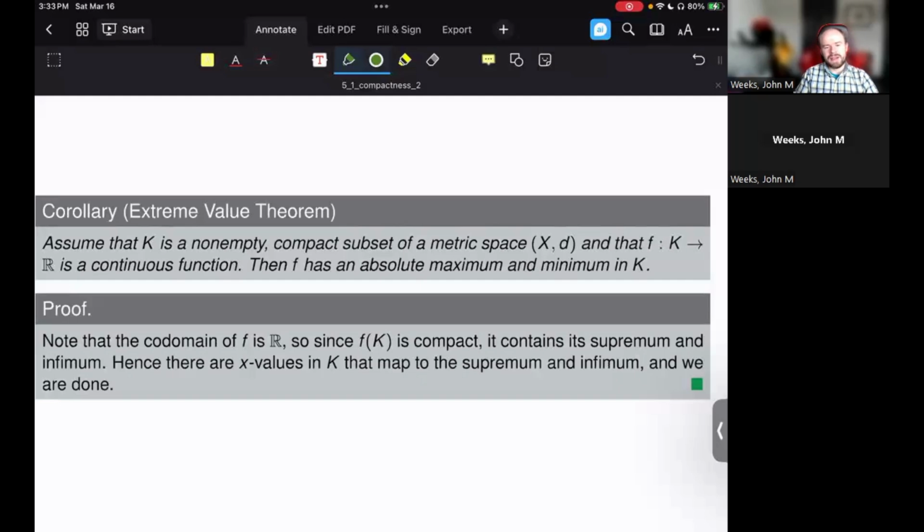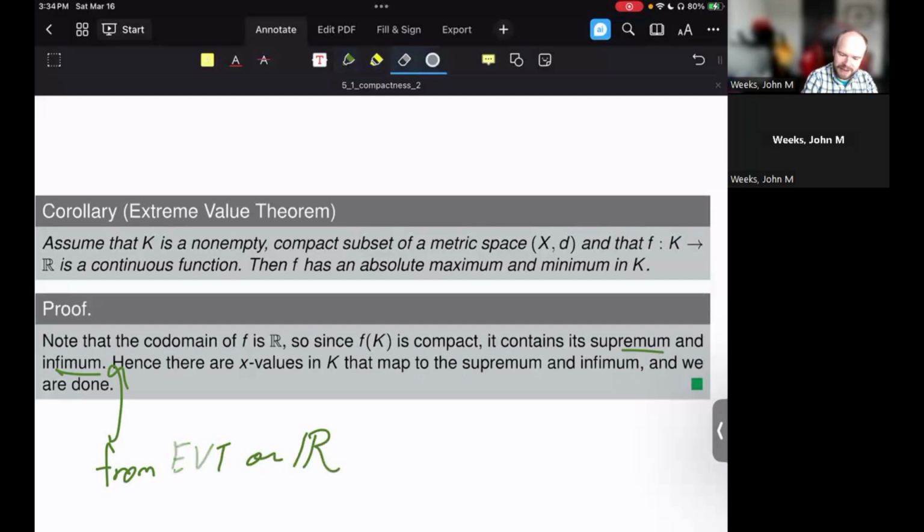Let's see it here. The codomain of f is the real numbers, so since f of K is compact, it contains its supremum and infimum. Rather, it comes from the definition of compact on R is what I should say.